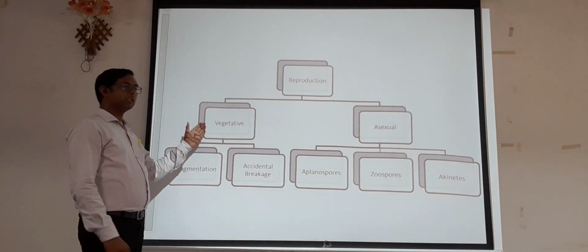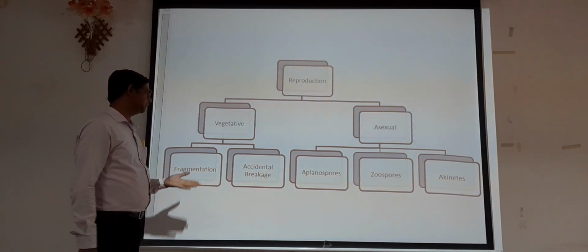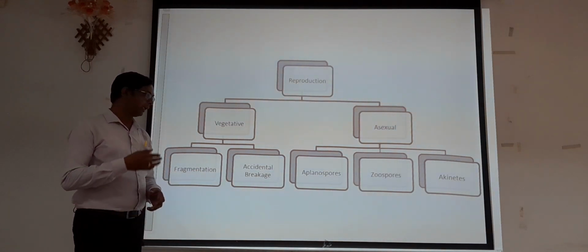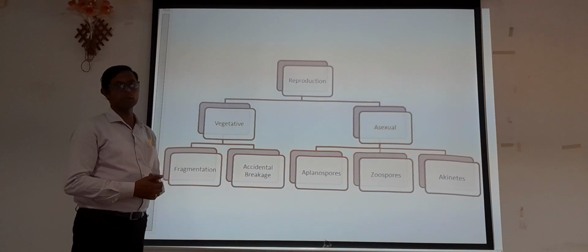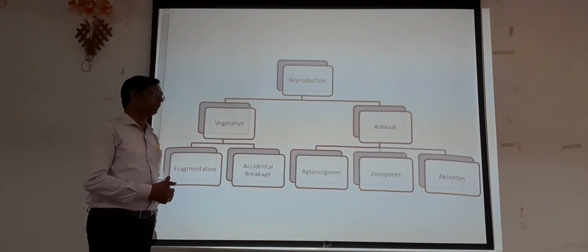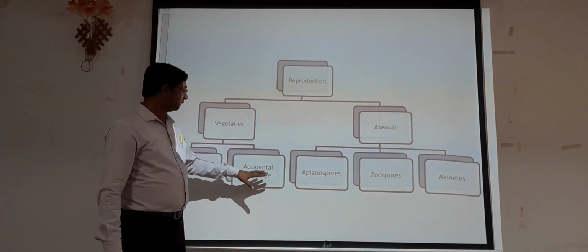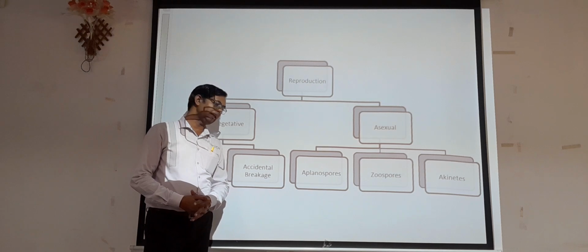When we concentrate on vegetative reproduction, fragmentation is the method by which fragments of the organism are formed, and these fragments later develop into a new plant body. The other part is accidental breakage.